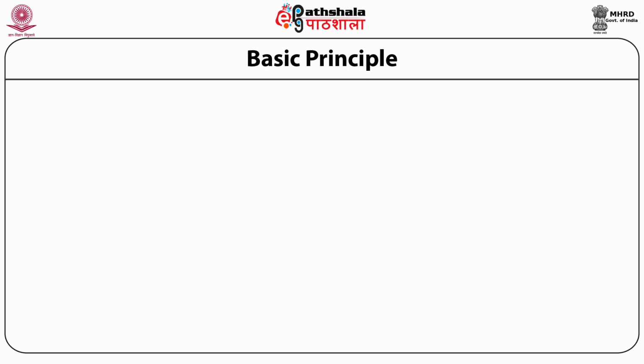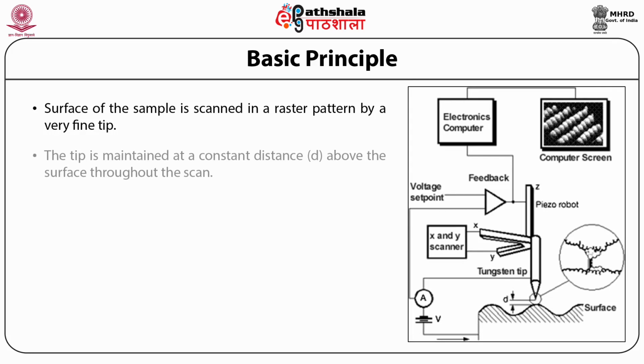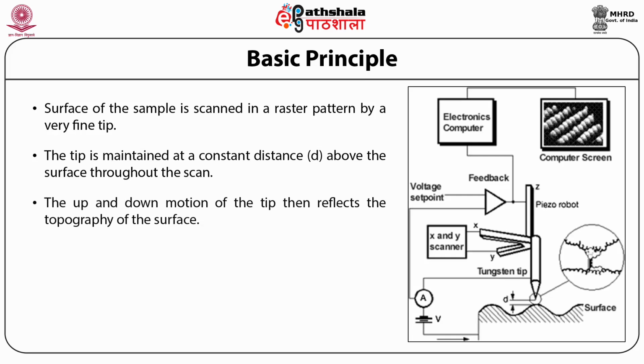Here, the basic principle of STM is that the surface of the sample is scanned in a raster pattern by a very fine tip. The tip is maintained at a constant distance above the surface throughout the scan. The up and down motion of the tip then reflects the topography of the surface.